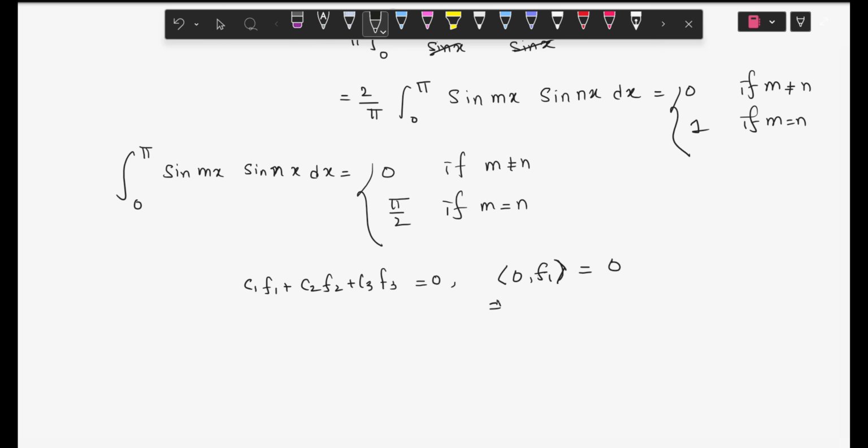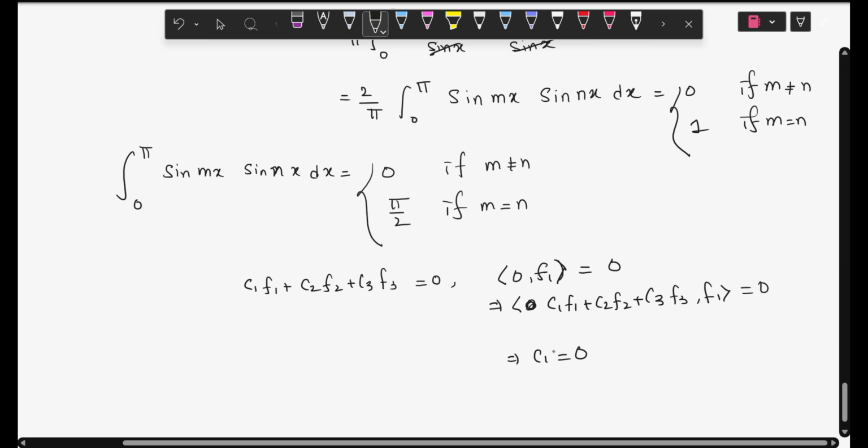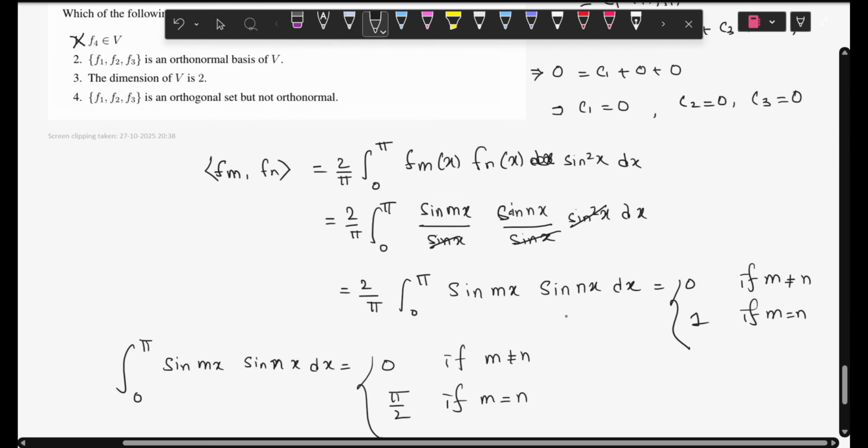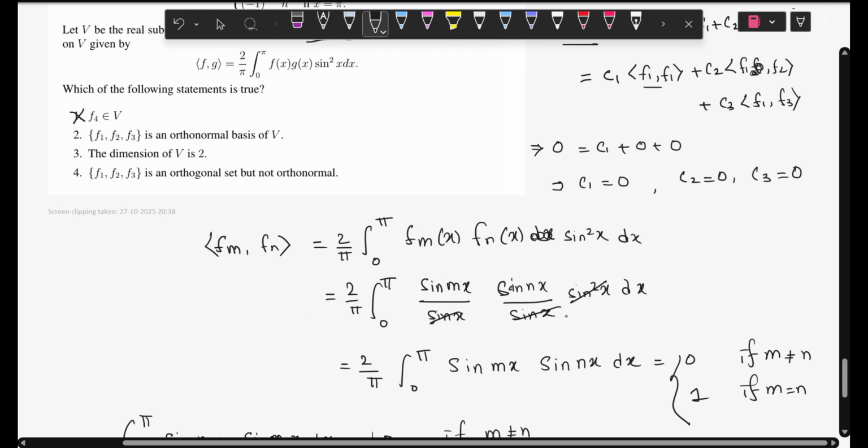This gives c1 f1 plus c2 f2 plus c3 f3 with f1 equal to 0, that gives you c1 equal to 0. In the same way you can prove c2 and c3 equal to 0. So f1, f2, f3 are linearly independent, so they are a basis of V.